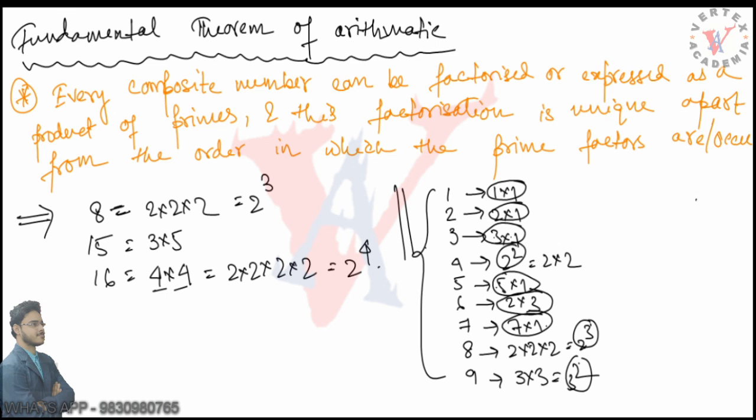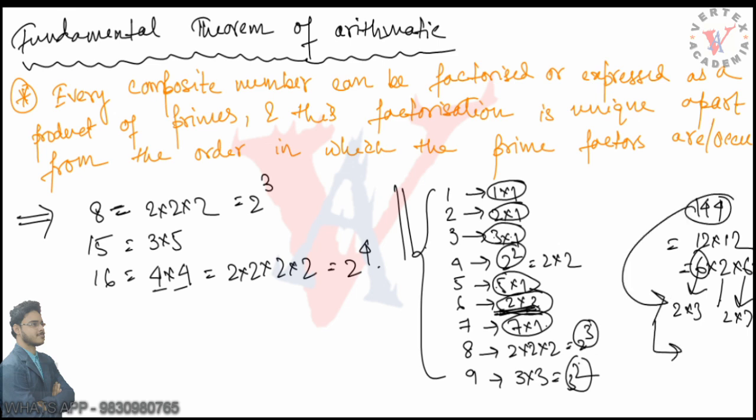Now if we take a number like 144, it is 12 into 12, which is 6 into 2 into 6 into 2. Now 6 can be written as only primes, 2 into 3, and 2 is already prime. So 144 finally came down to 2 to the power 4 into 3 square. So finally 144 came down to a step where it is constituted only of primes. Now you can take any number.